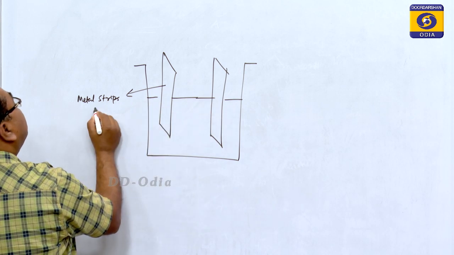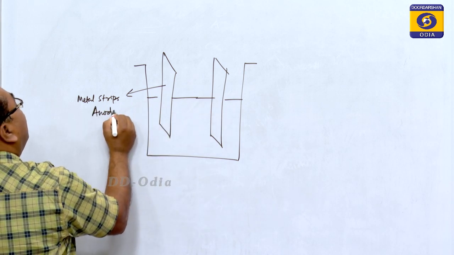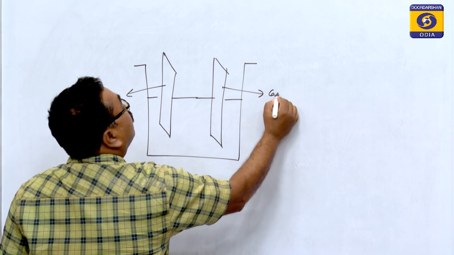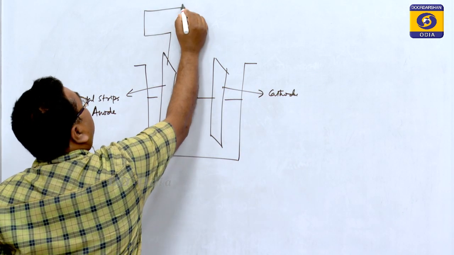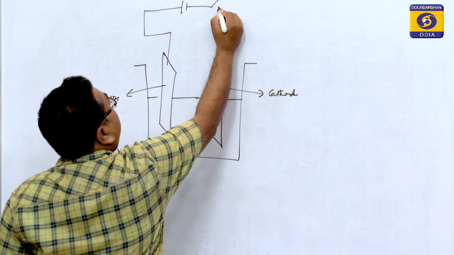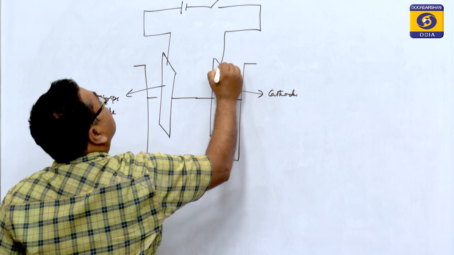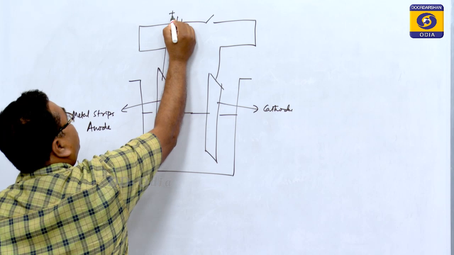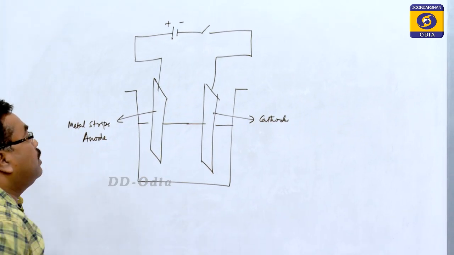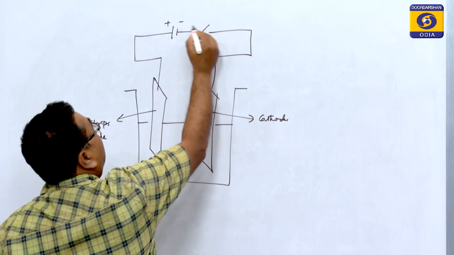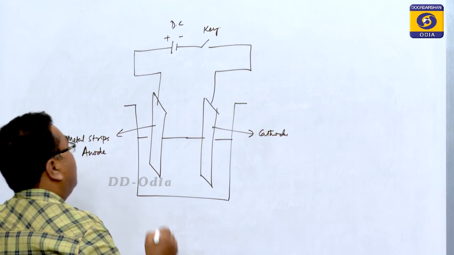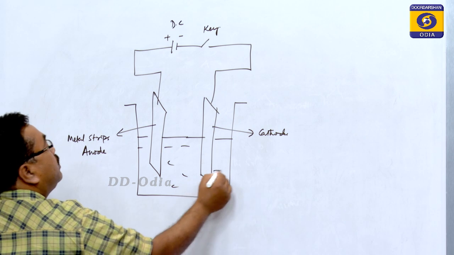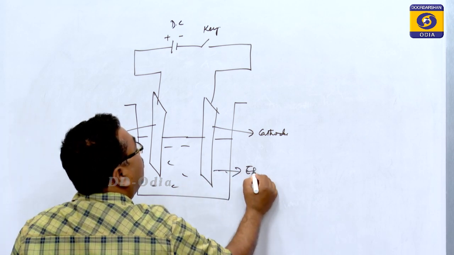This is an anode, and this is a cathode. They have been connected externally, and there is a key here. This is the positive end and this is the negative end, this is the DC supply and this is the key, and here there is a solution.